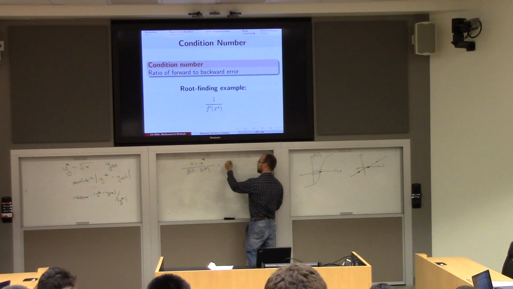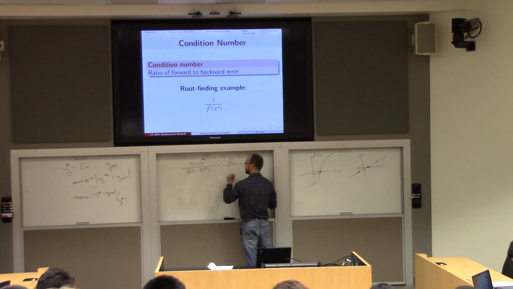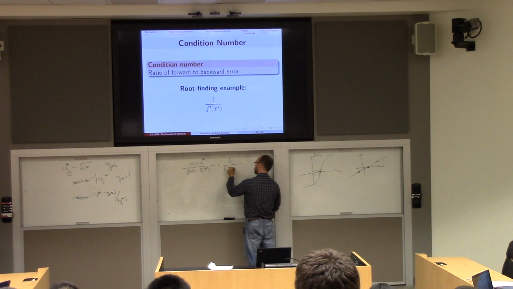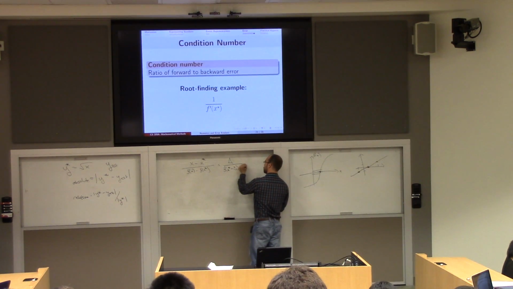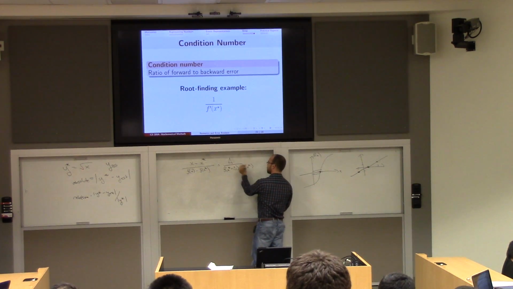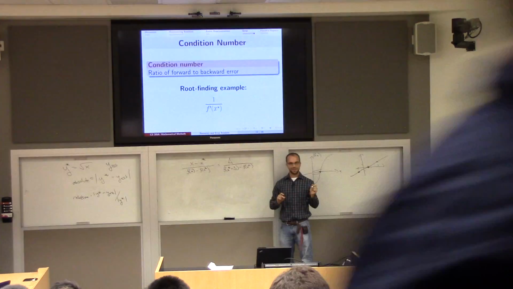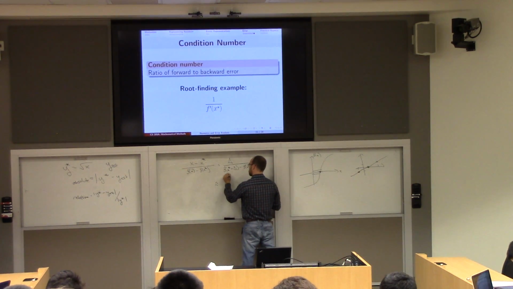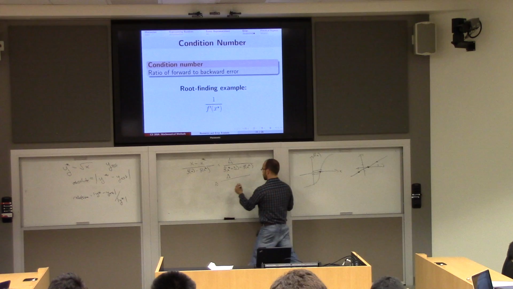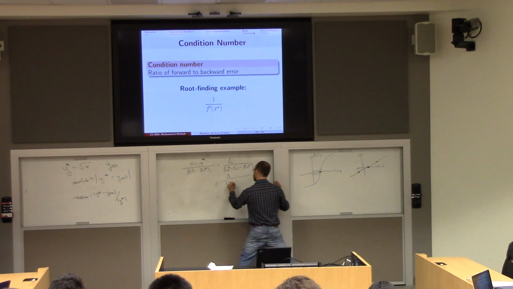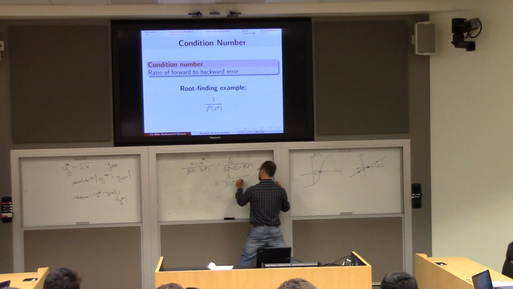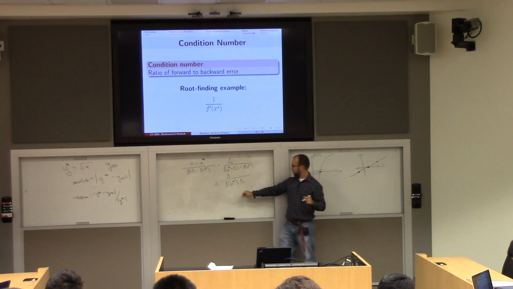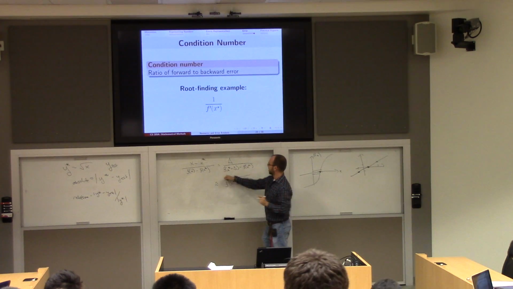So in the top you're going to get delta, in the bottom you'll get f of x star plus delta divided by f of x star, or minus f of x star. Yeah, hopefully I've done this right. And this number is more or less equal to delta divided by what? F prime of x star times delta. Yeah? This is if you use the Taylor expansion. And these two numbers just go away. You get 1.